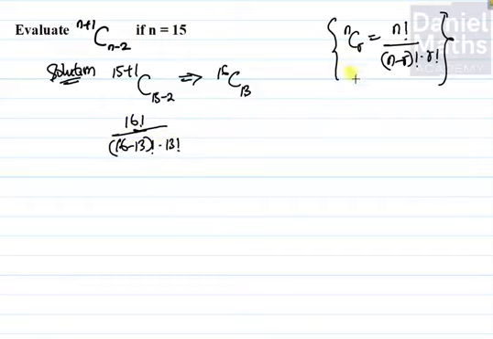Now let's also know that n factorial is equal to n times (n minus 1) times (n minus 2) times (n minus 3), and so on.